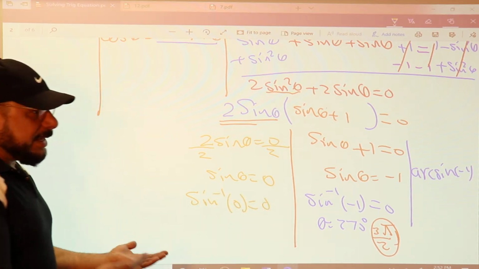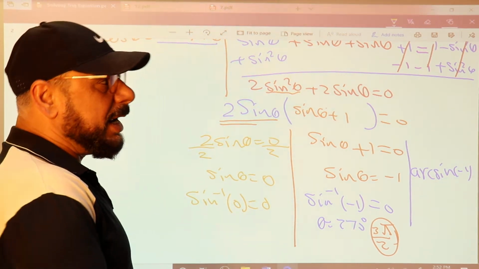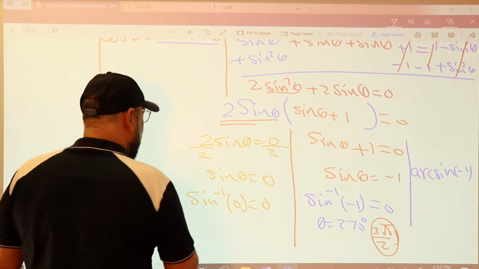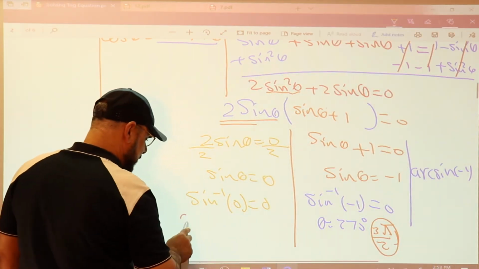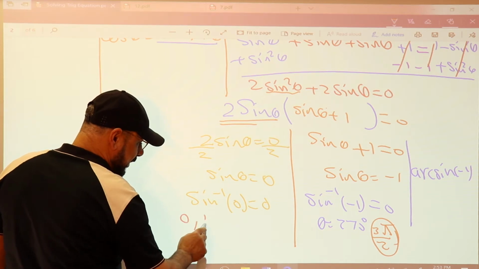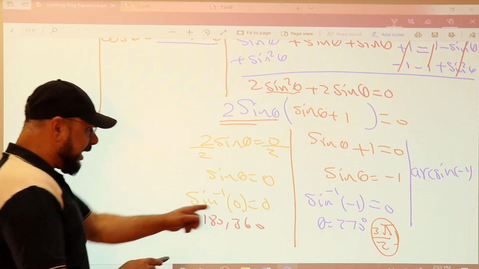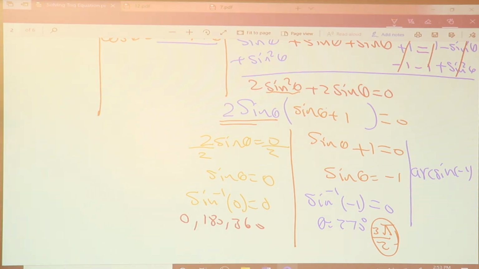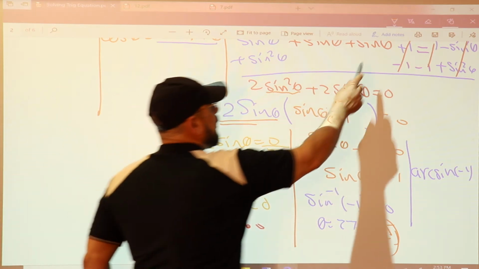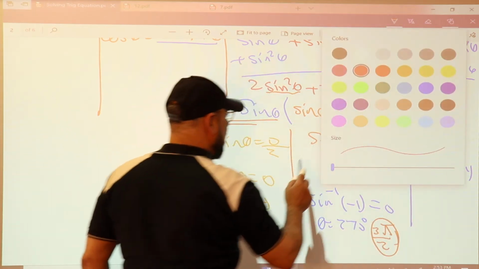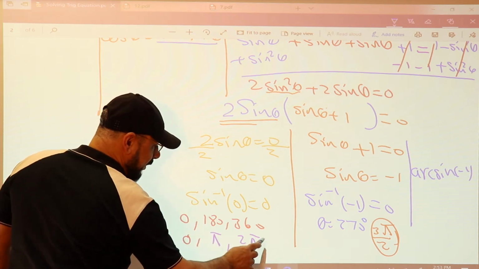Which angles have sine equal to 0? 0, 180, 360. All these 3 angles have a sine equal to 0. In radians, 0 is 0, 180 is pi, and 360 is 2 pi.